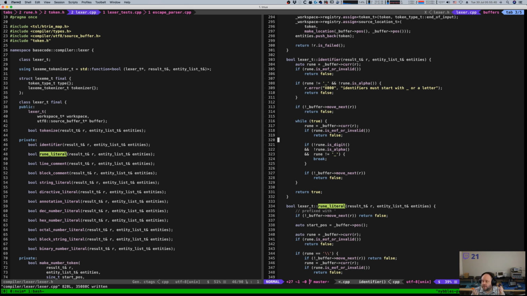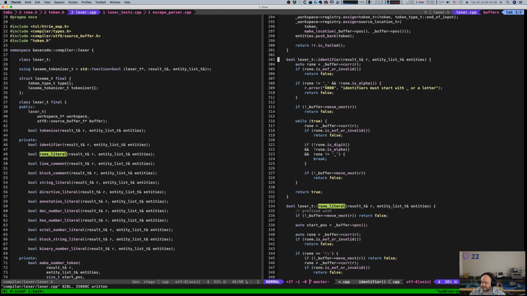Okay, so we come into the identifier case, we check the character that we're starting on. If it's bad, we bail. Otherwise, if it's not an underscore or a letter, then that's a syntactical error. If it is, we move past that character.